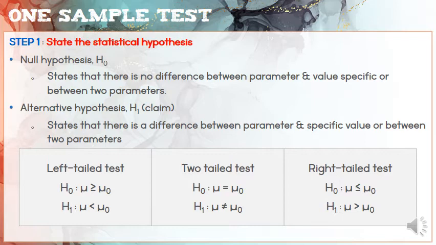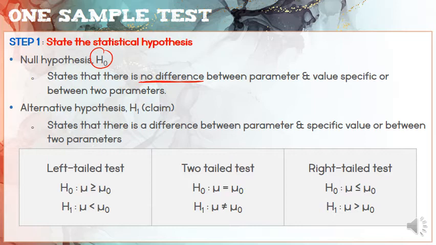Okay, kita ada dua hypothesis yang you perlu listkan, okay, yang you perlu state dalam your answer. The first one is null hypothesis, denoted as H null. Okay, where this null hypothesis state that there is no difference between parameter and the specific value, or between the two parameters lah.